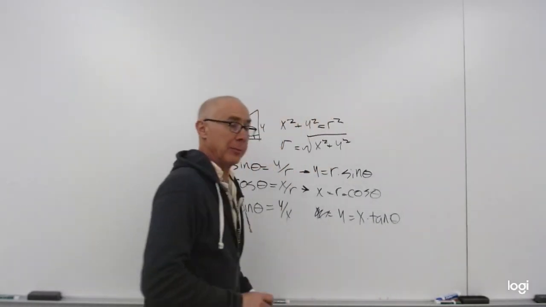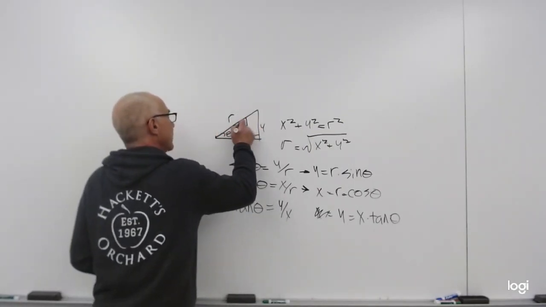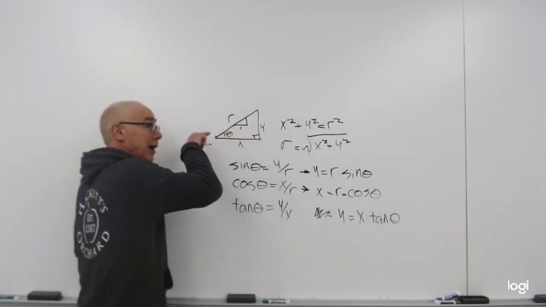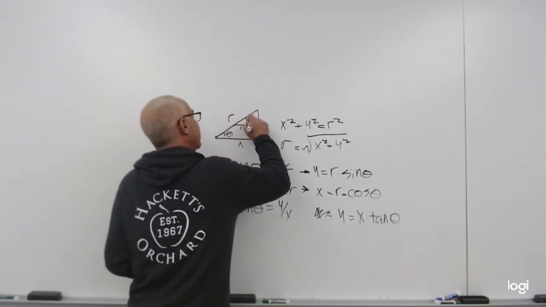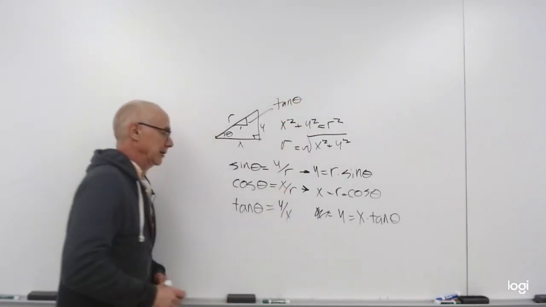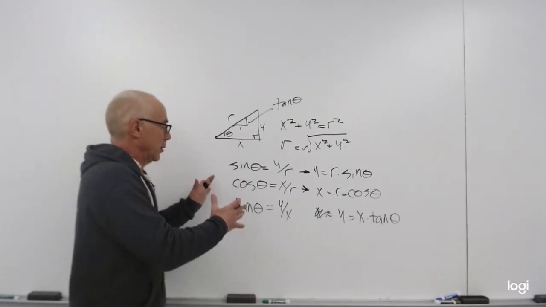It's also important to think of tan theta as essentially the slope of this line. So if you go 1 in the x direction, you're going to go upward by a value of tan theta. So that is basically defining sine theta, cosine, tan theta.